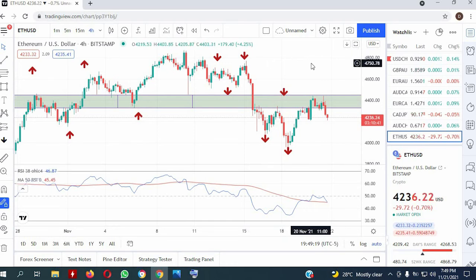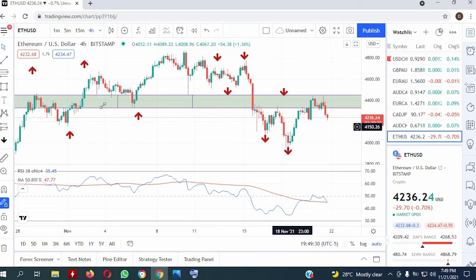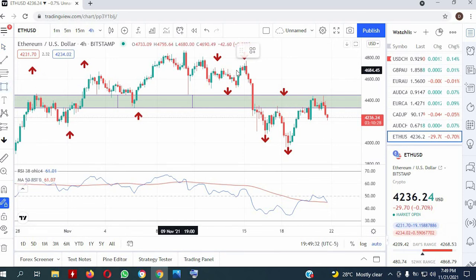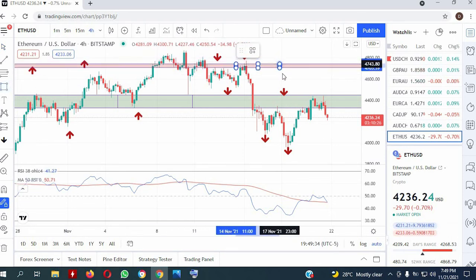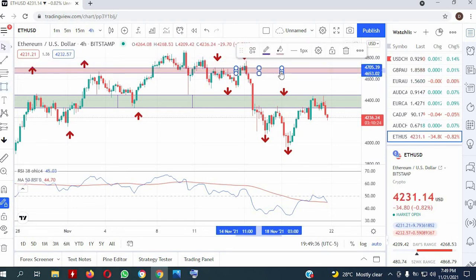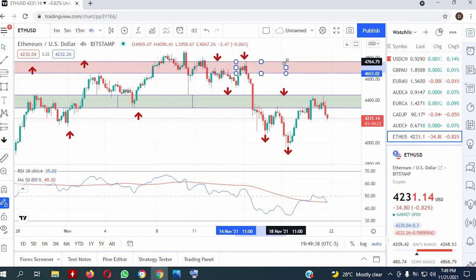However, if the Ethereum fails to continue the bull trend, it will take out this lower low. Right, so for now, wait for the Ethereum to pull back into this lower high for a down move.